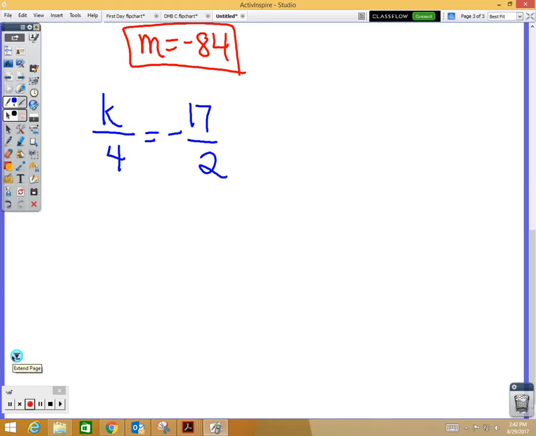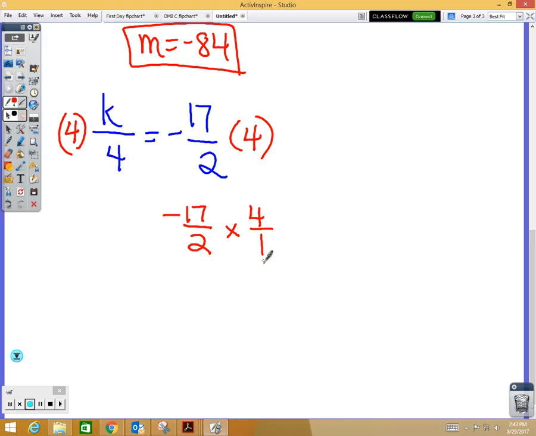Here's one for all of you that say these are easy. Here's one that might be a little challenging then. So to solve for this, what's our inverse operation? To get k by itself, what's the inverse operation? Multiply by 4. Okay. So we need to do negative 17 over 2 times 4 over 1. That's what we're really doing here.